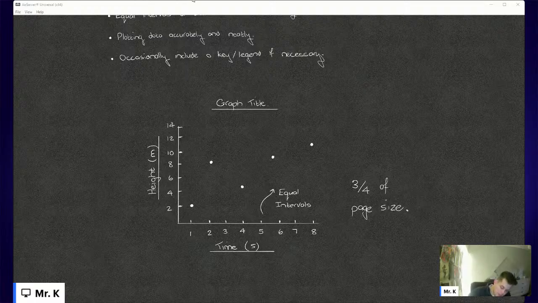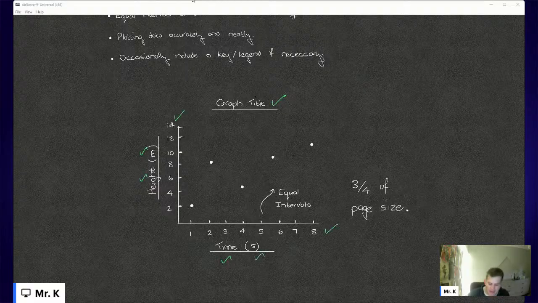Well, you're going to get 1 mark for your graph title, 1 full mark, so essentially half a mark and a half a mark on each of the axes labels. 1 for the correct measurement being on the correct axis, and then using the correct unit as well. So that's 3 marks so far.